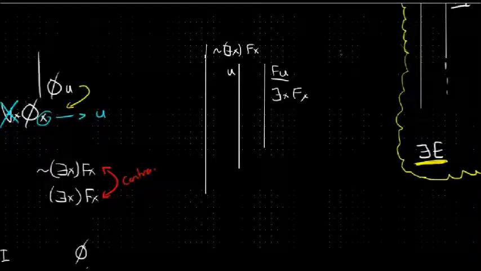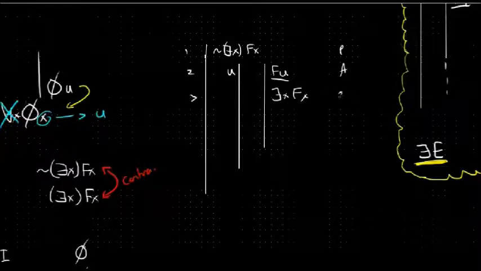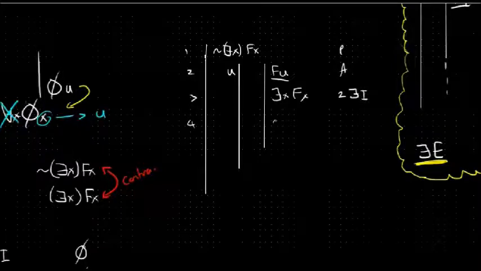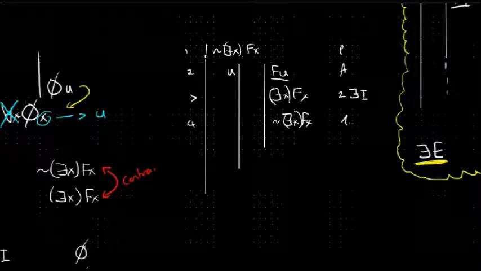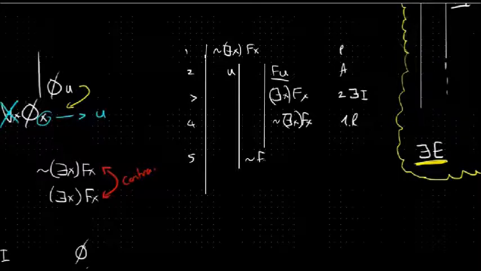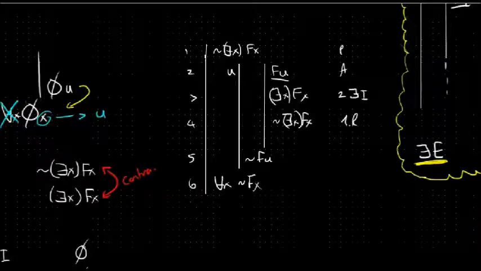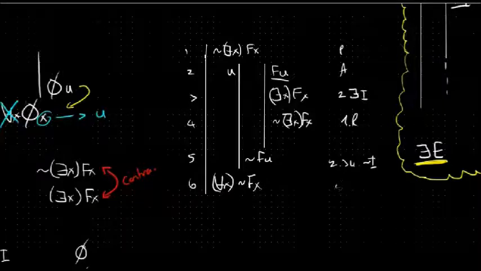That's a premise. Assumption. That's from 2, existential introduction, and then just reiterated up not ex fx to get our contradiction. So on line 5 we get not fu, and therefore every x not fx. So that is 2, 3, 4 negation introduction, and 5 universal introduction.